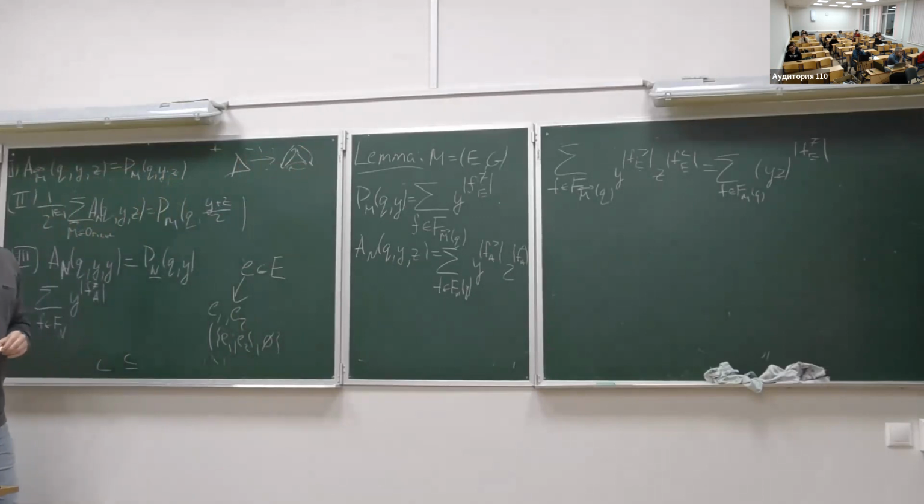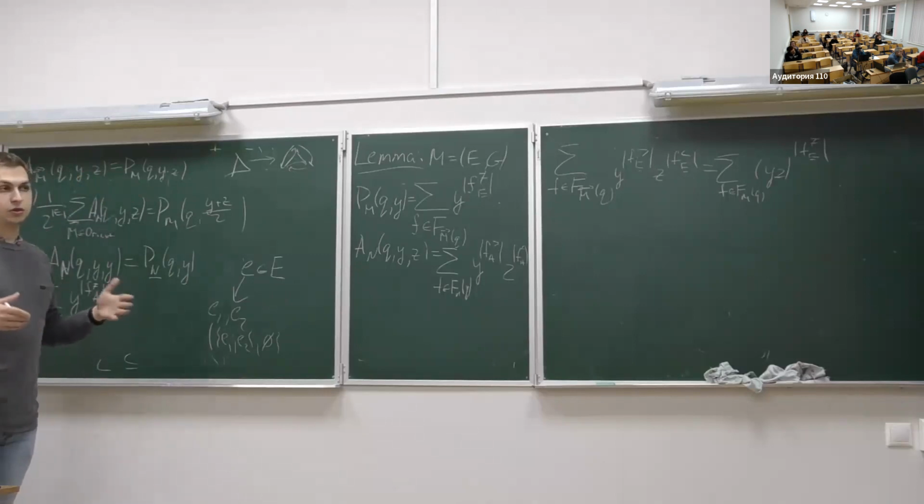Now, this equality basically means, and it's important for us, because it says that what we are writing is actually the correct extension of that polynomial to regular oriented matroids.